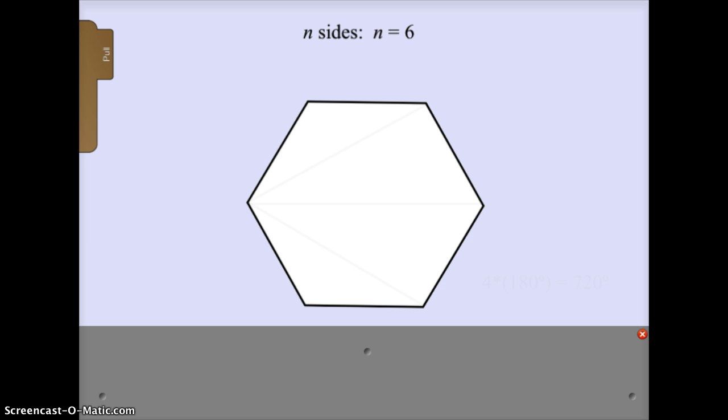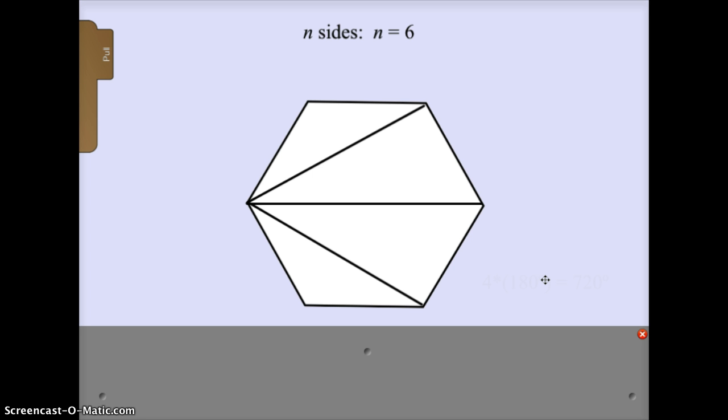If you take a look at this hexagon, 6-sided figure, the number of sides, n sides, n equals 6. If you were to divide this into the number of triangles without any diagonals overlapping, you would see that we have 4 triangles. You were just given a theorem yesterday about the sum of the angles of the measures of a triangle.